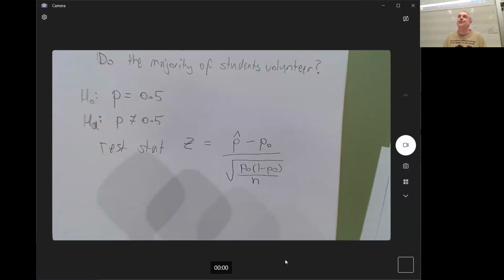Pretty sure. You'd have to look it up. I'm almost certain that that's what it is. Worth noting that the P0 occurs 3 times in this formula.